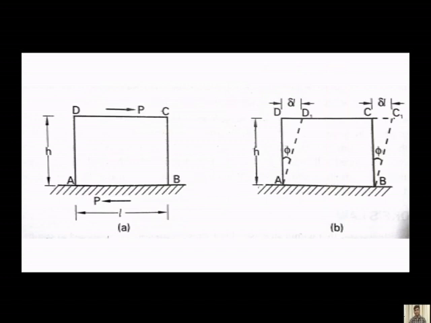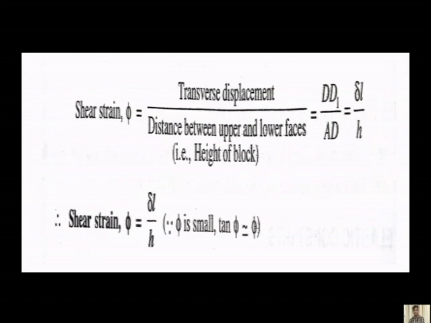And lastly and importantly, this is the example of a shear strain. What is a shear strain? Shear strain is the transverse displacement when the load is acting parallel or tangential to the surface of the body. There is a transverse displacement, so the strain is given by the transverse displacement divided by the distance between the upper and lower faces.